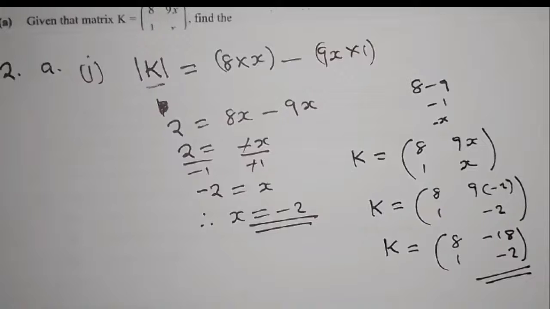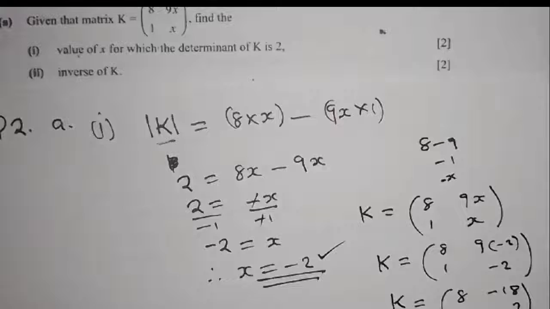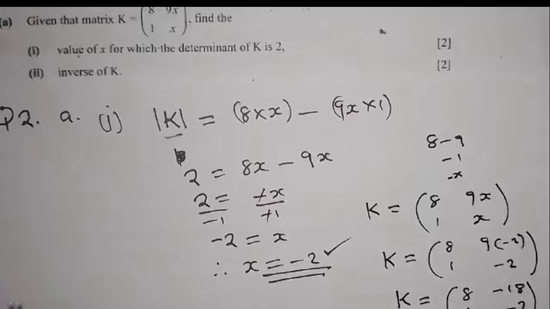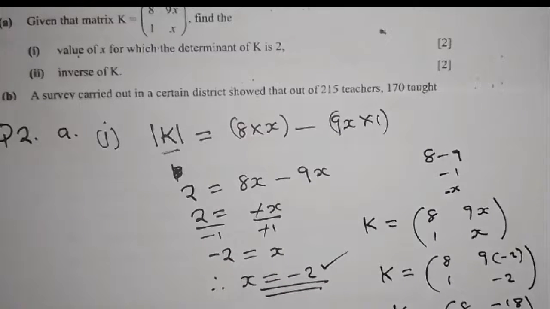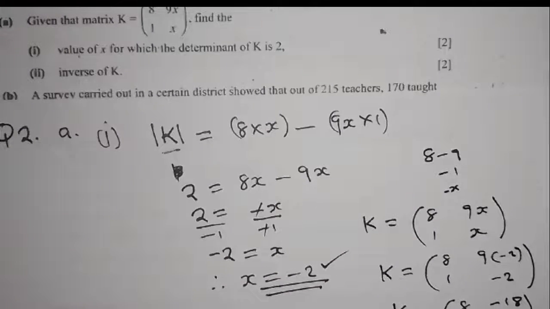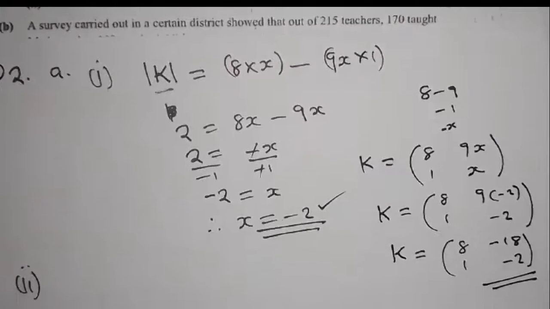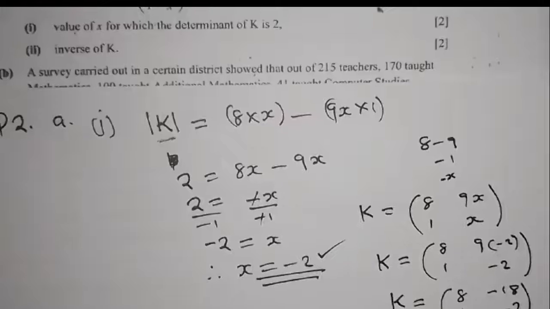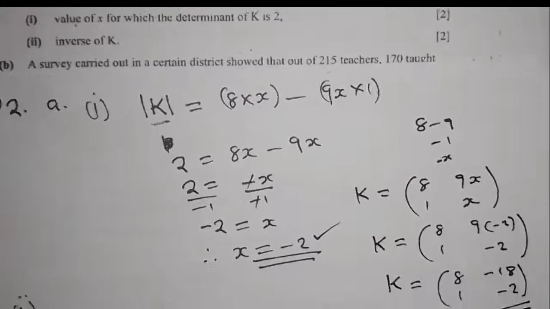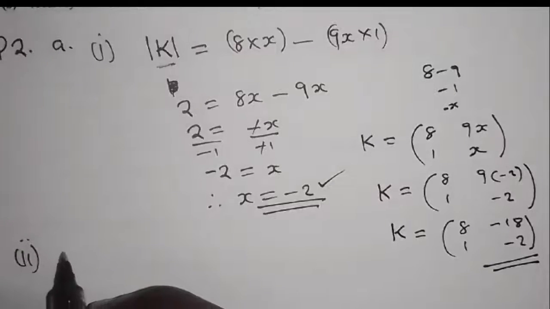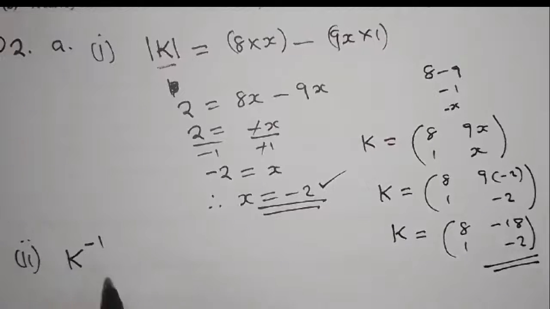Okay, now what is our second question? So this is our answer. Now the second question is the inverse. So when you're finding the inverse, all you have to do is say the inverse of this matrix K, meaning it has a power negative 1.